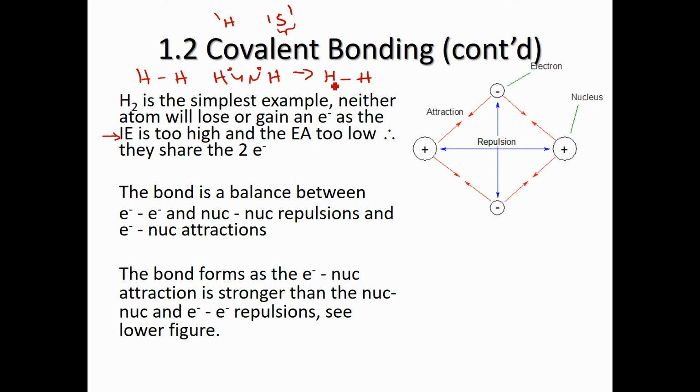So the two elements are very comfortable with each other, such that they just decide to share. When you have equal power, none of you will win. The best way to have a win-win situation is to share. So forces of attraction and repulsion are almost equal, as shown in this representation here.